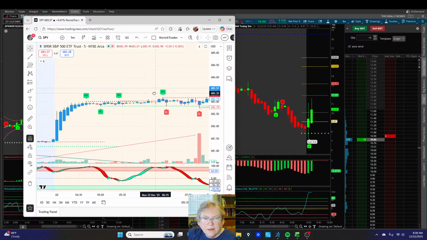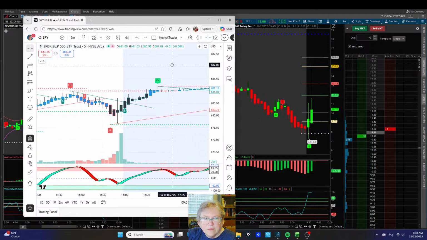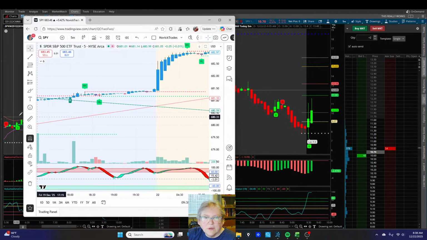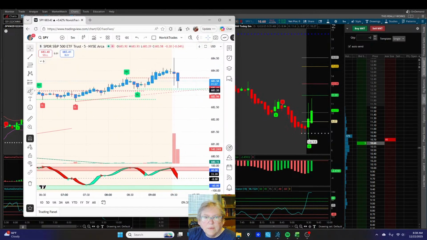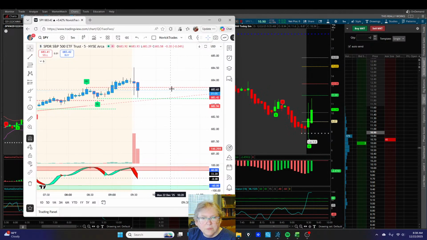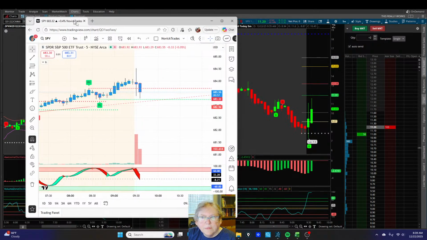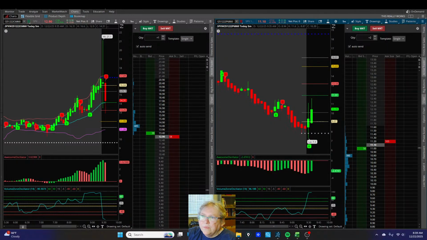The black indicates a bearish, although this is going up. So I might have to research that, find out what the blue and black mean. But that's the TradingView chart. Put it back over here.